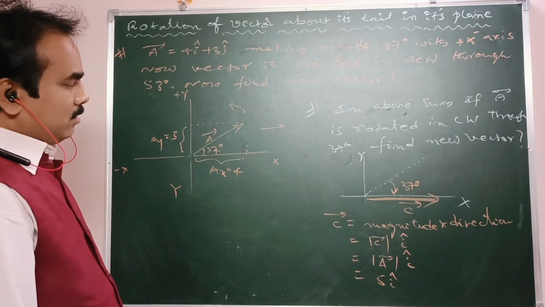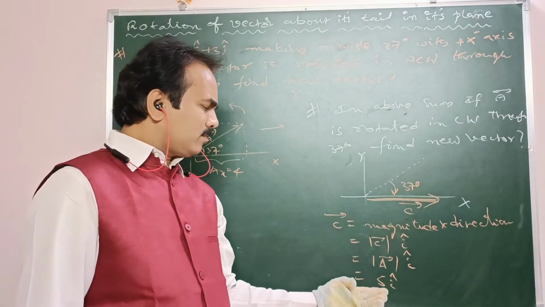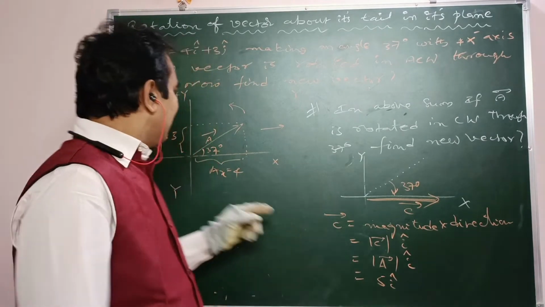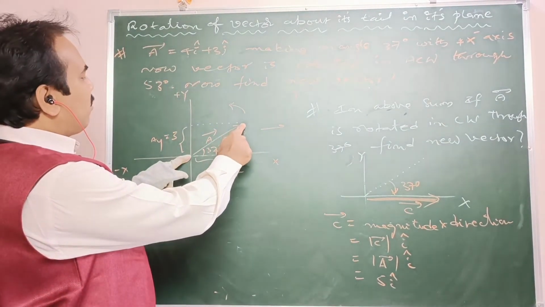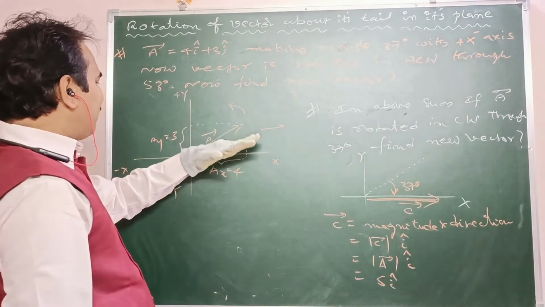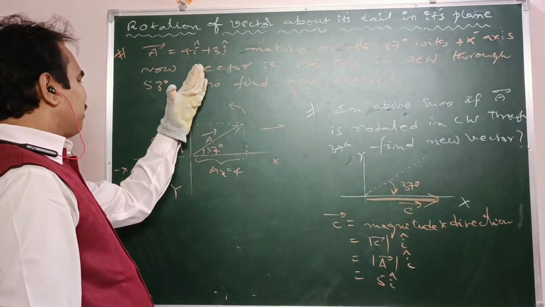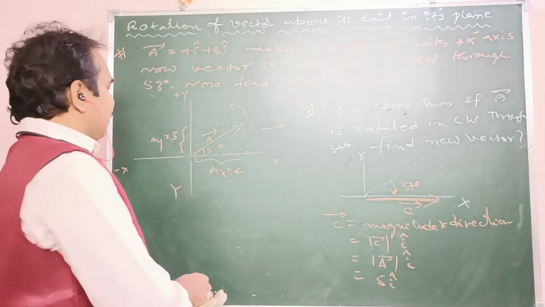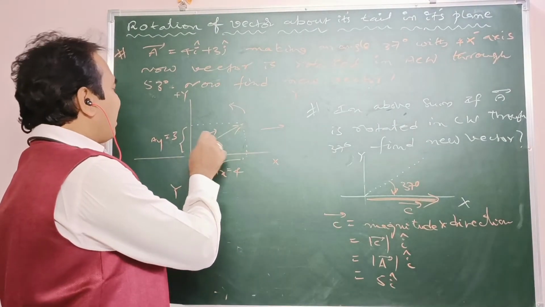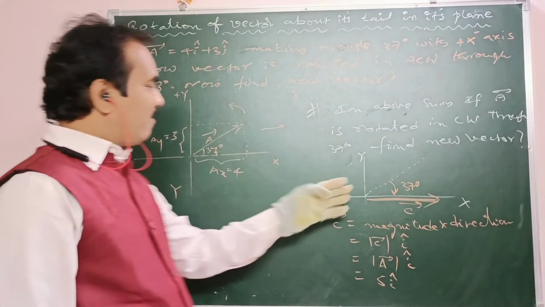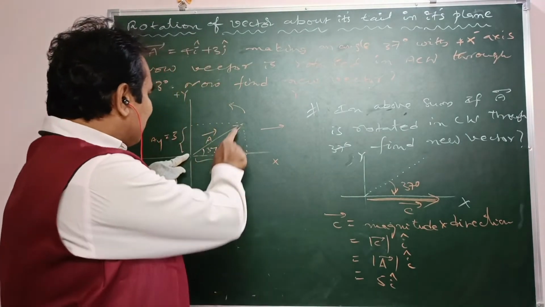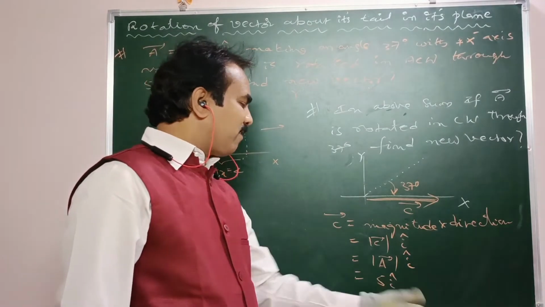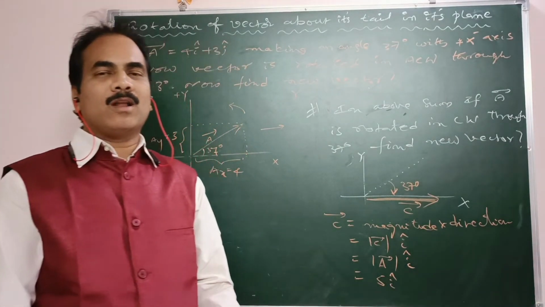Right? Now, what about the magnitude of the new vector 5 i cap? In this position also, mod a bar equals 5 units. If it is rotated anti-clockwise further through 53 degrees, again 5 units. If it is further rotated from this position through 37 degrees clockwise, the total magnitude is still 5 units. So there is no change in total magnitude.